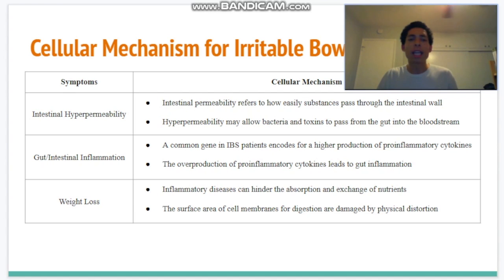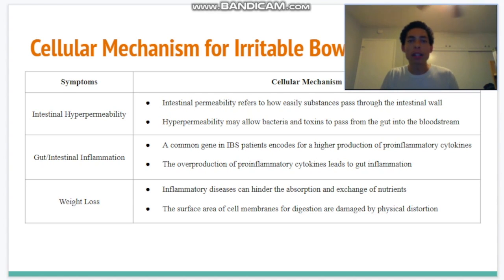In addition, a single nucleotide polymorphism in the tumor necrosis factor gene encodes for a higher production of pro-inflammatory cytokines and appears to be more frequent in patients with IBS. This overproduction of pro-inflammatory cytokines is likely to be a direct cause of gut inflammation.